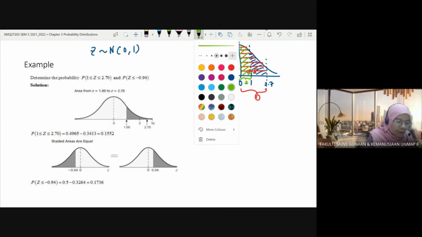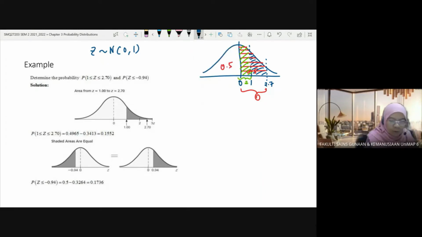How are we going to use our table then? If I were to write down the way it is written, P(1 < Z < 2.7) is given by P(0 < Z < 2.7) minus P(0 < Z < 1).